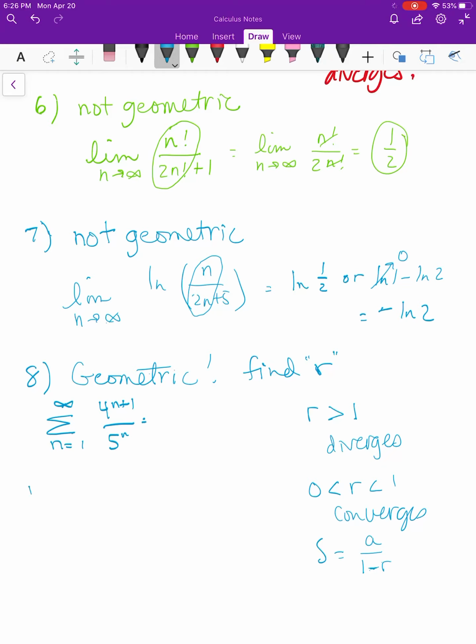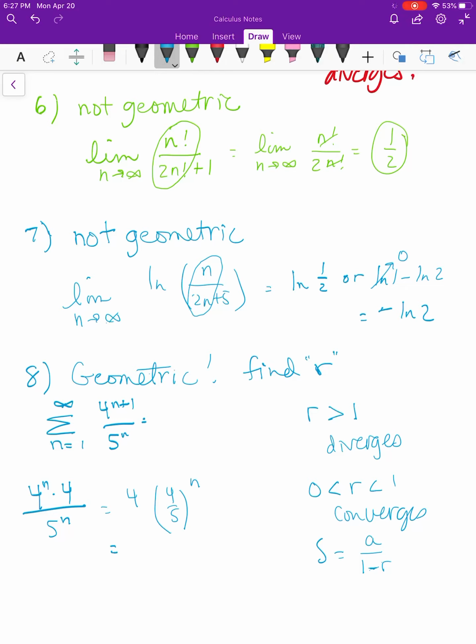So it's very important when you see a geometric that you start trying to figure out, okay, what is happening with this geometric? Well, we have the summation from n equals 1 to infinity, and this is 4 to the n plus 1 over 5 to the n. And over to the side, we could say, well, that's 4 to the n times 4 over 5 to the n, right?